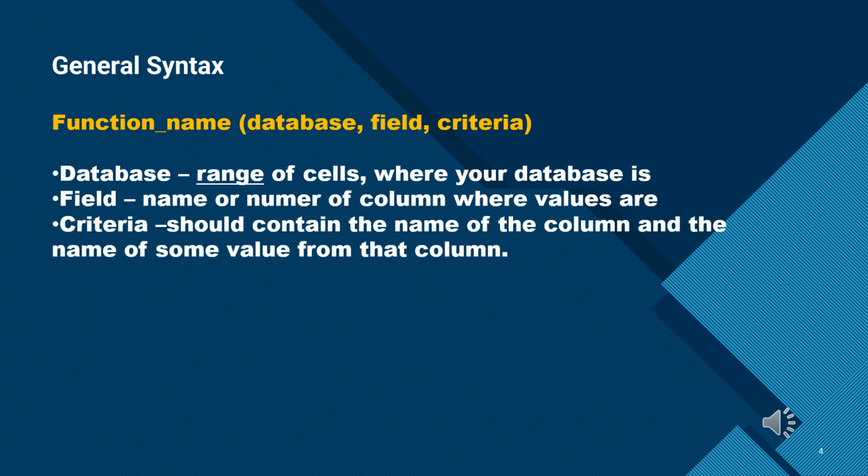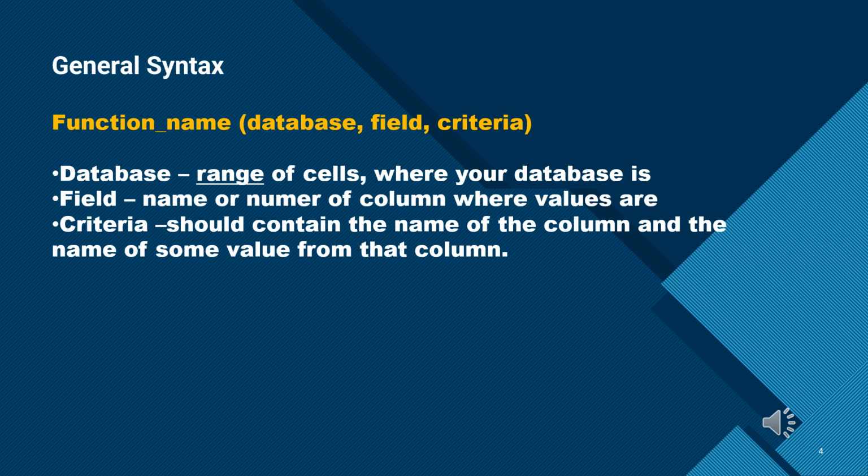This is the range of cells that contain the conditions that will determine which records are to be included in the calculations. Criteria have the label of the column or columns to be filtered and the condition or conditions under the label. We can have more than one column or more than one condition. These are the three parameters.